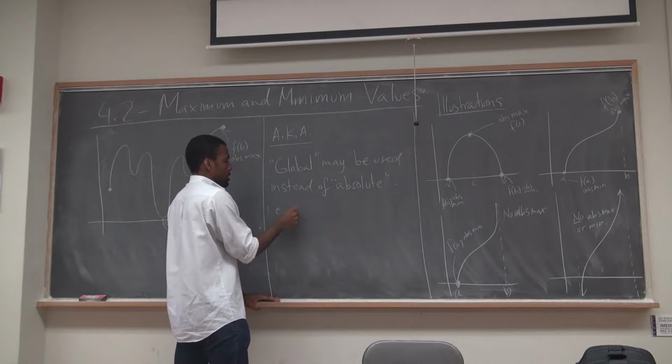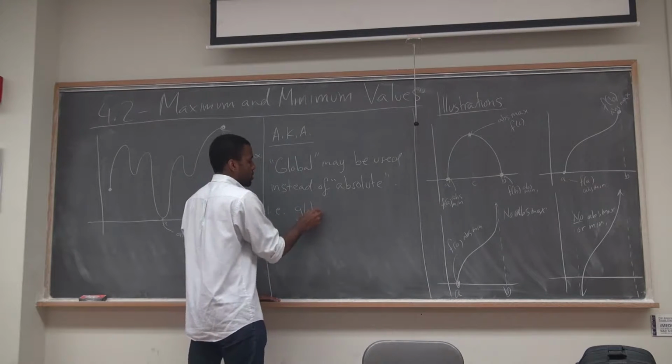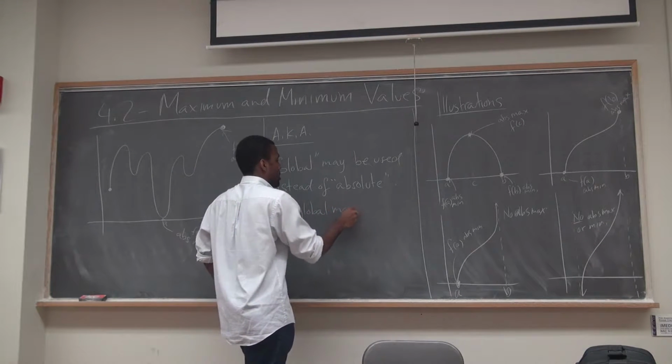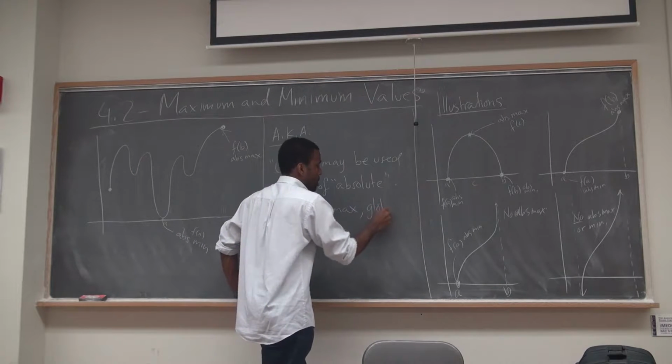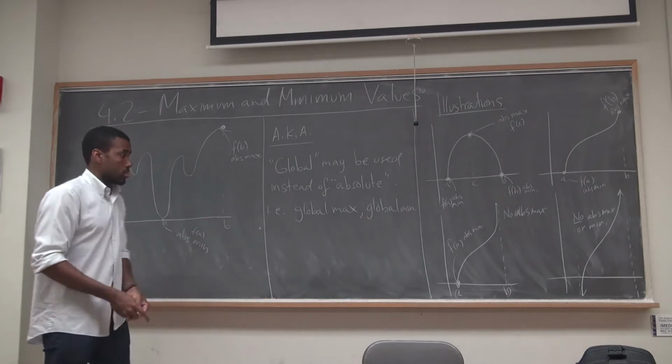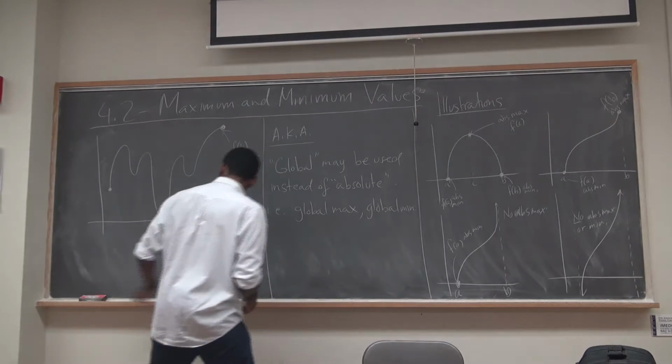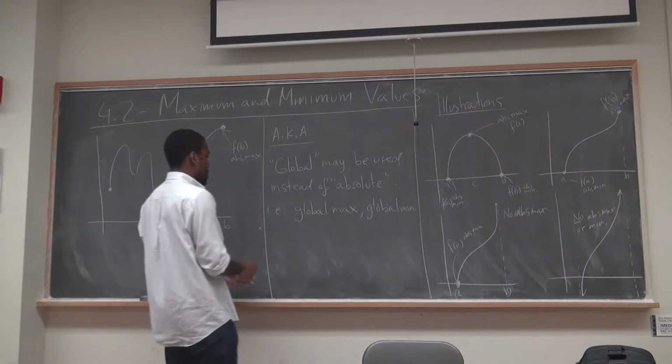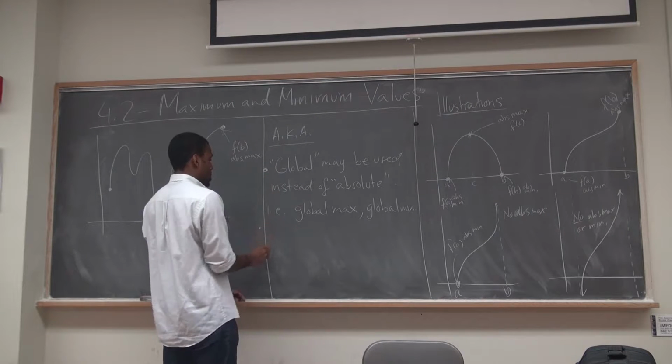I.e., you can hear someone talk about the global max. So if you see that phrase, they're talking about this, right? So global and absolute, they're kind of the same thing.